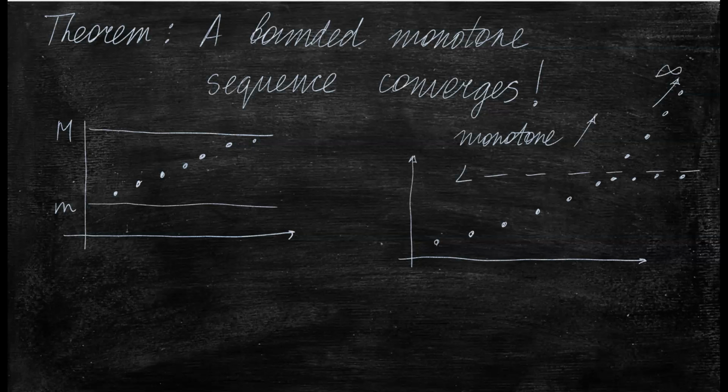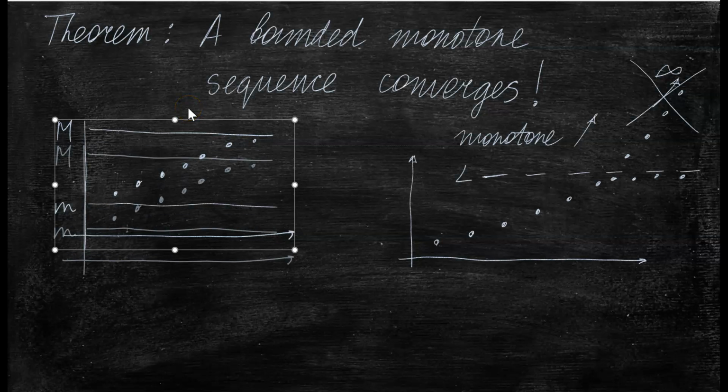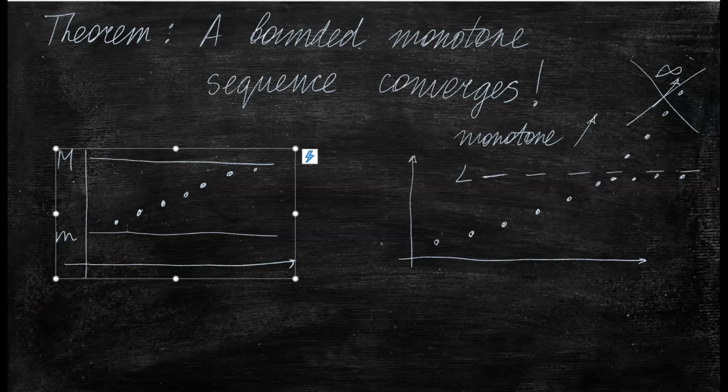And by saying that your sequence is bounded, you are eliminating this possibility. So any monotone sequence that is bounded must have a limit. So this is an easy visualization of this fact. We're not going to prove this theorem, but we are going to use it.